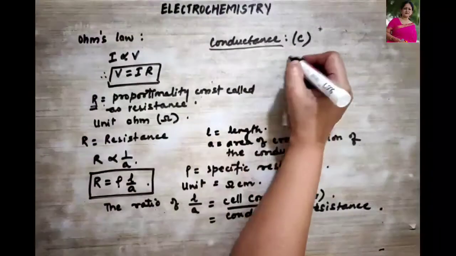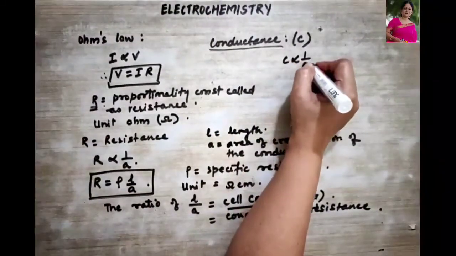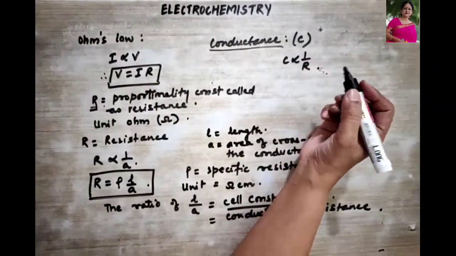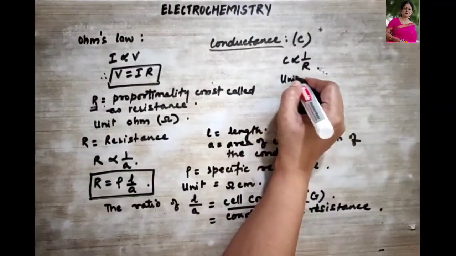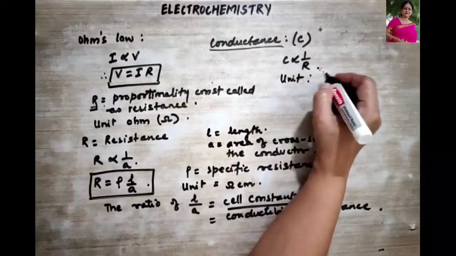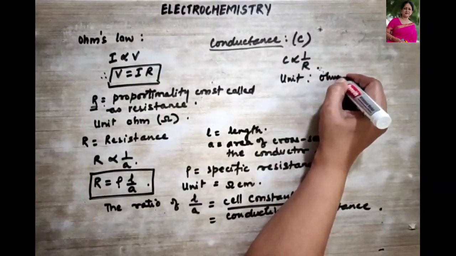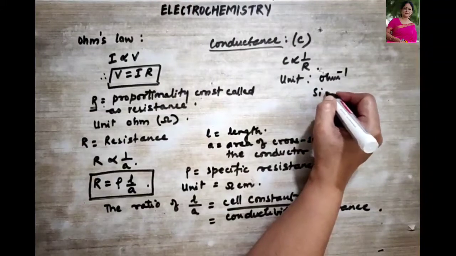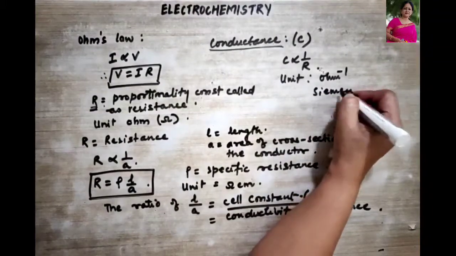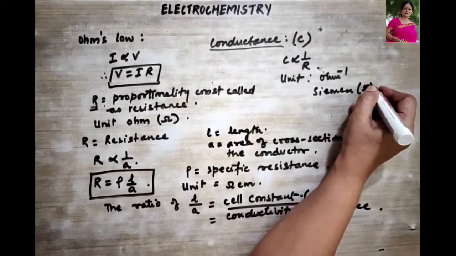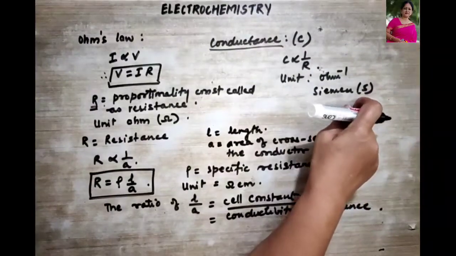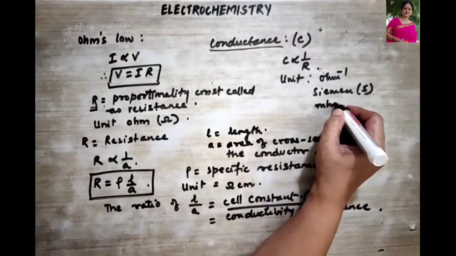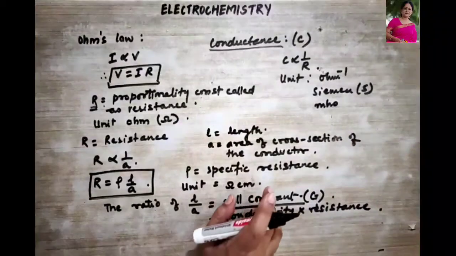The unit of conductance is per ohm, or it can also be written as Siemens, written as S, or it is also called mho.